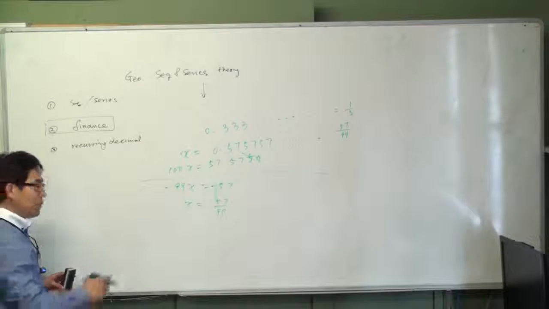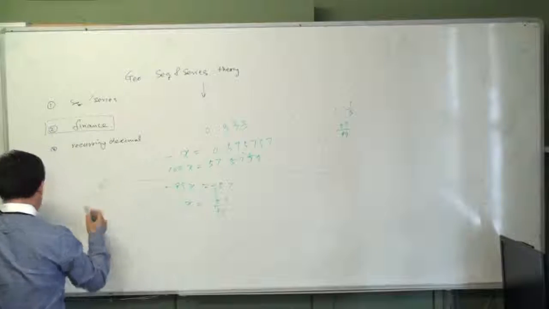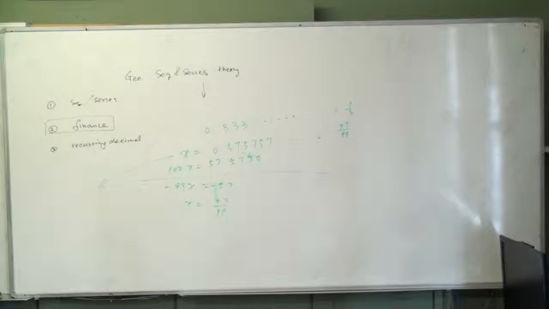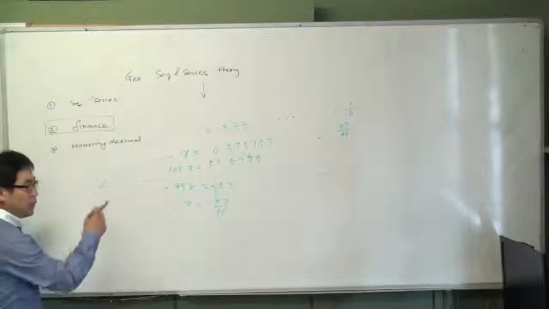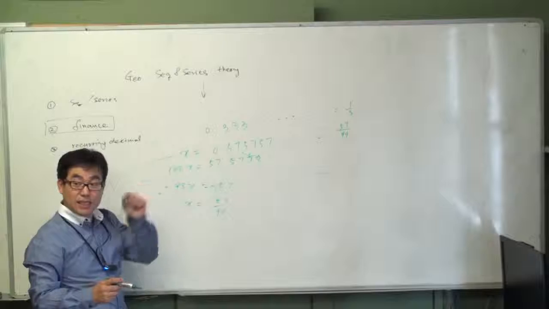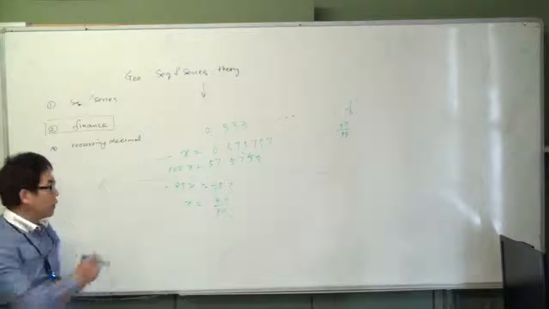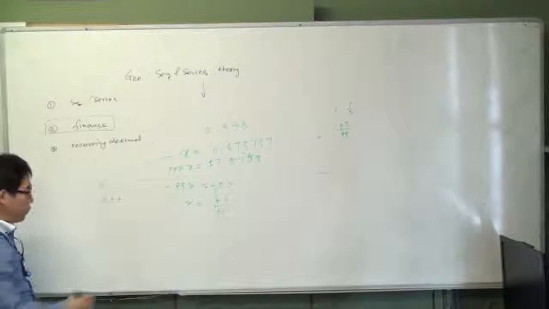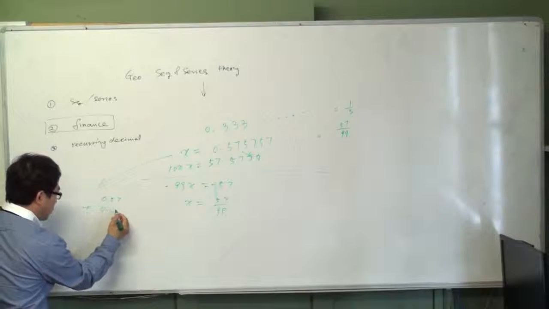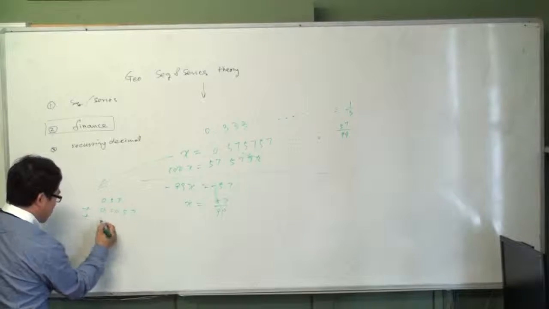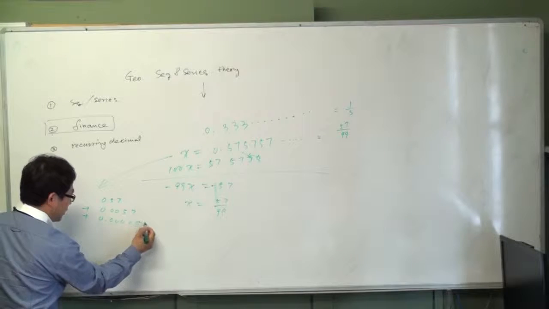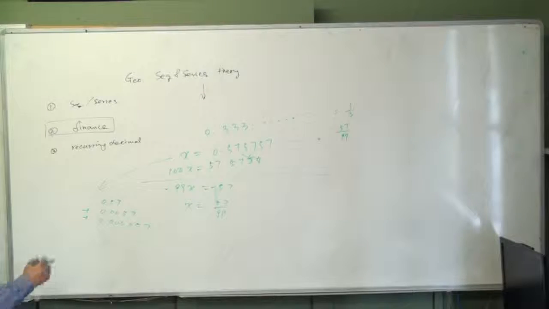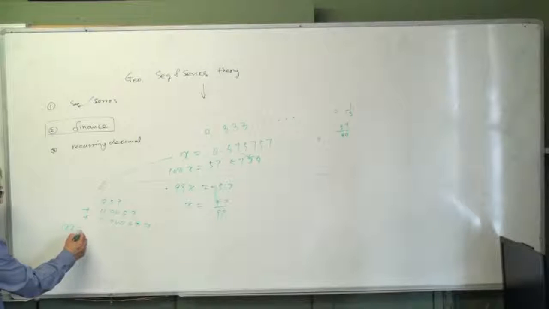Then what if we use the formula for a geometric sequence? If you consider that as a geometric series, meaning addition, then what is it like? It is 0.57 plus 0.0057 plus 0.000057. So that means the first term is 0.57.